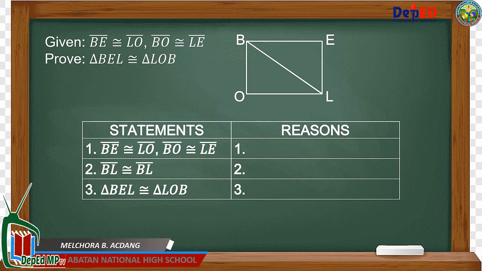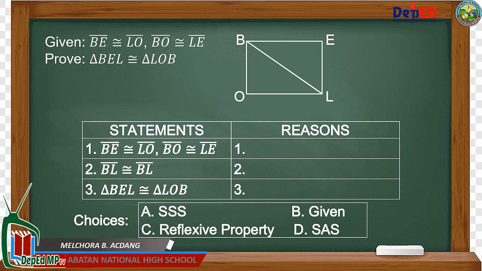So let us complete the following table by choosing our answers from the box. Statement number 1, line segment BE is congruent to line segment LO, and line segment BO is congruent to line segment LE.